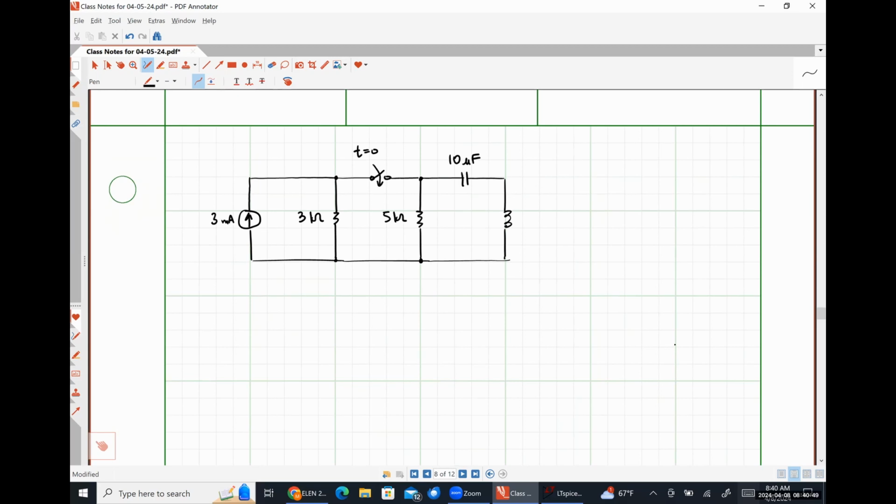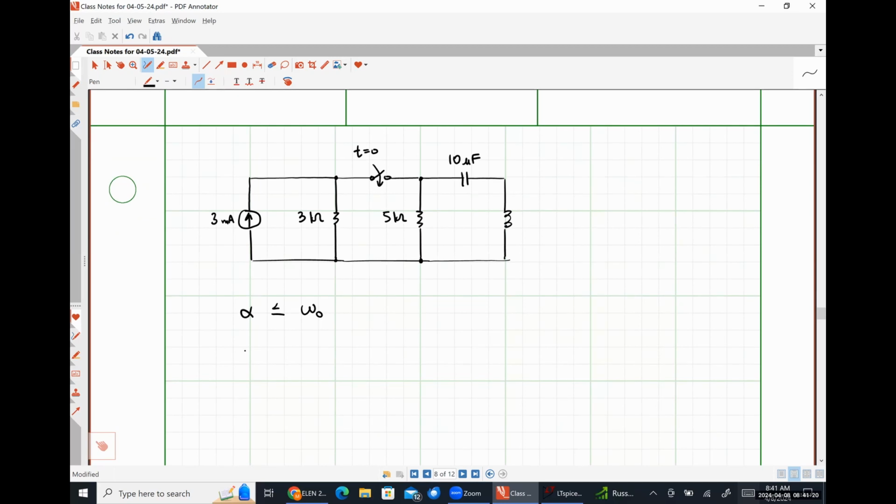Okay, so we know that for the system to be overdamped, that means that alpha needs to be greater than omega naught, but we're trying to avoid that. So what we want is a situation where alpha is less than or equal to omega naught, because that is going to guarantee that we're going to have either a critically damped circuit if they're equal, or an underdamped circuit if alpha is less than omega naught. Either of which we haven't yet worked an example for, so we're just going to make this happen, all right?